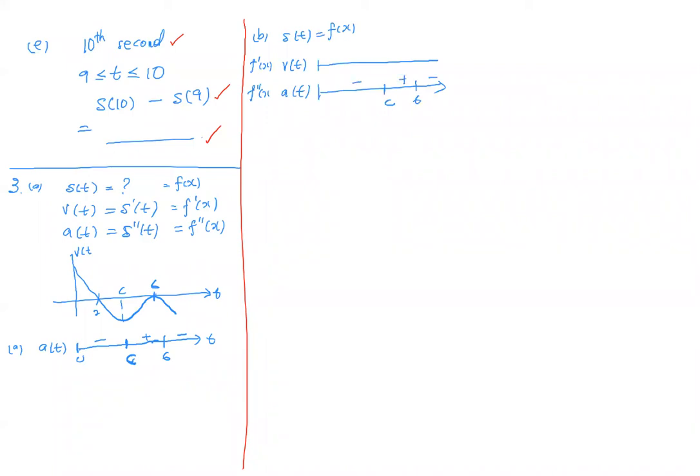Okay, so my V(t) sign diagram, it passed through 2. Then it passed the x-intercept at 6. Am I right? The moment I see this happen on both sides, what is the conclusion I have about the S(t) graph?